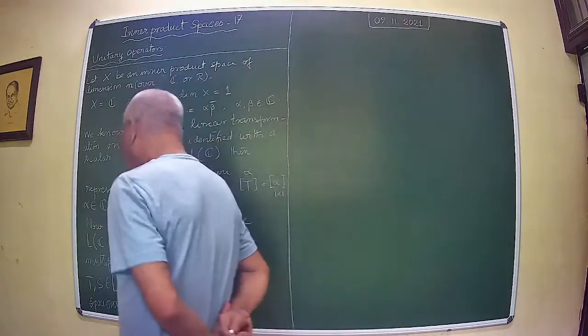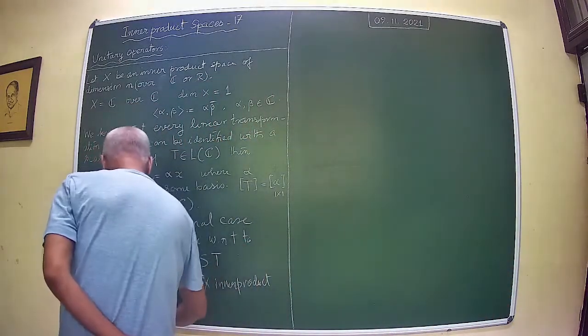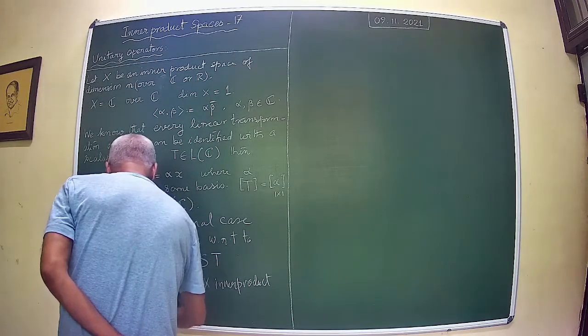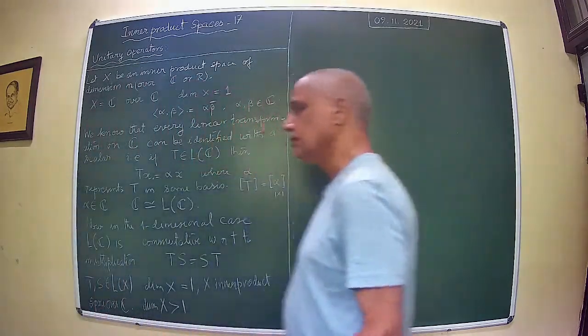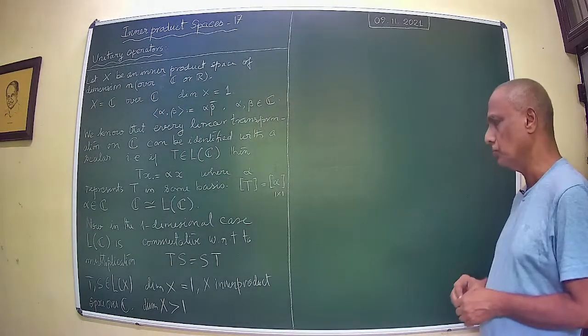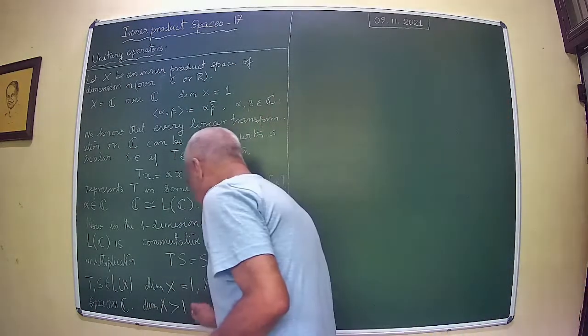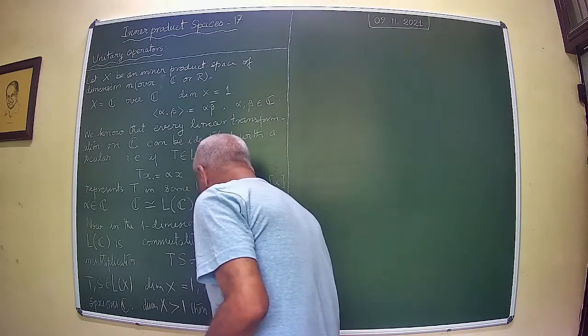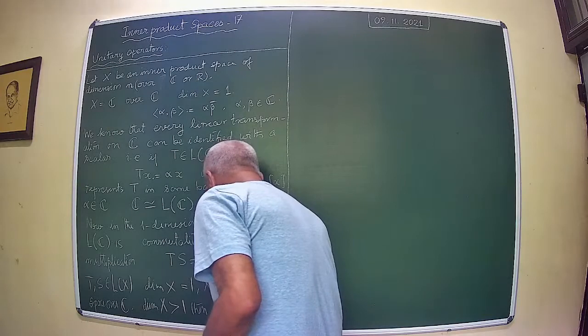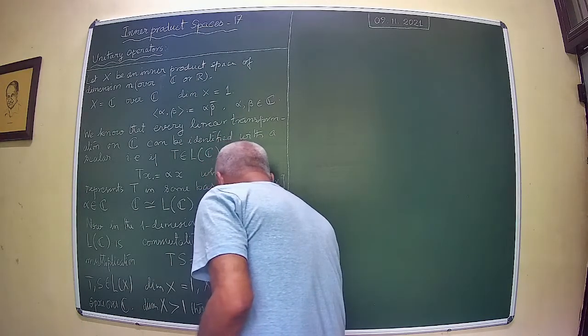Okay, but suppose the dimension of X is greater than 1, that means it is greater than or equal to 2, then T and S may not commute.